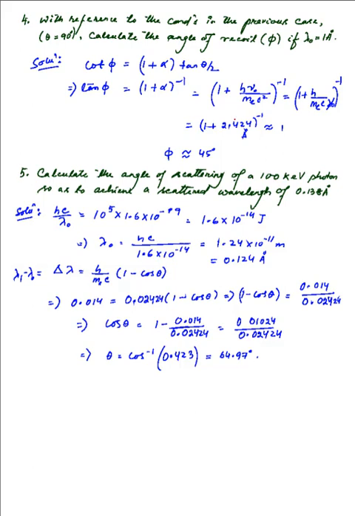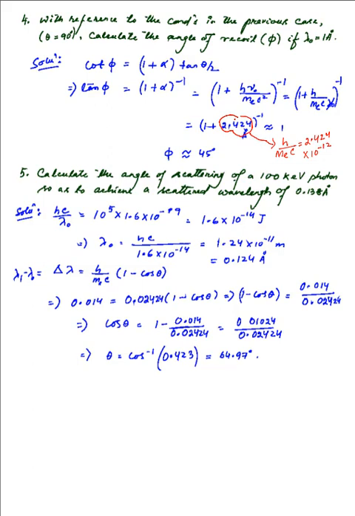This term that you see over there is simply h over mec. Now h over mec is equal to 2.424 times 10 to the power minus 12, which means 2.424 times 10 to the power minus 2 angstrom units.